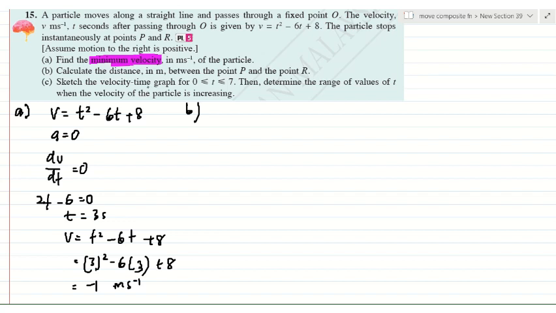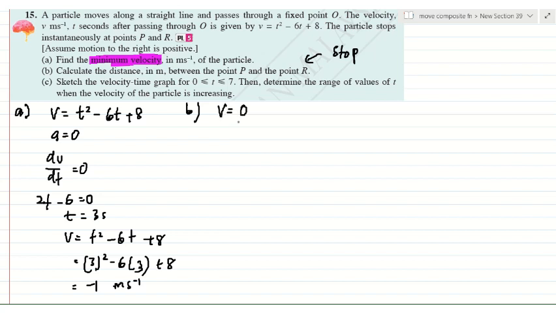Question B. Calculate the distance in meter between point P and point R. Point P and point R is where the particle stops. The particle stops instantaneously at point P and R. There are two places where the particle stops, position P and position R. So we use the formula of velocity when the particle stops.